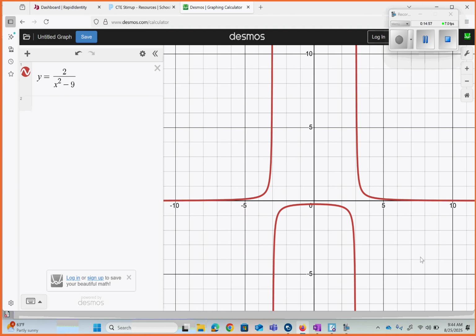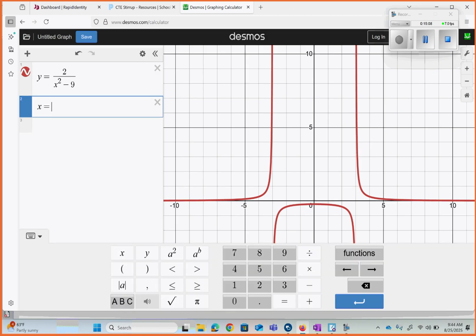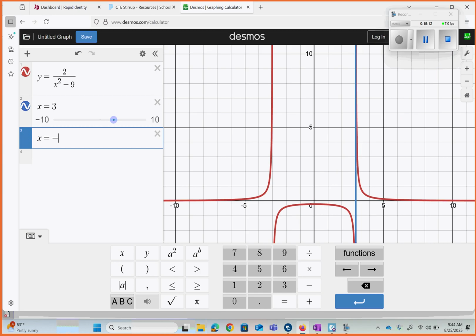Is -3 times -3 also 9? So this one actually has two vertical asymptotes, x equals 3 and x equals -3. So what's happening here is this left part of the graph is approaching -3, and then the graph exists between -3 and 3, and then from 3 it goes on to infinity.